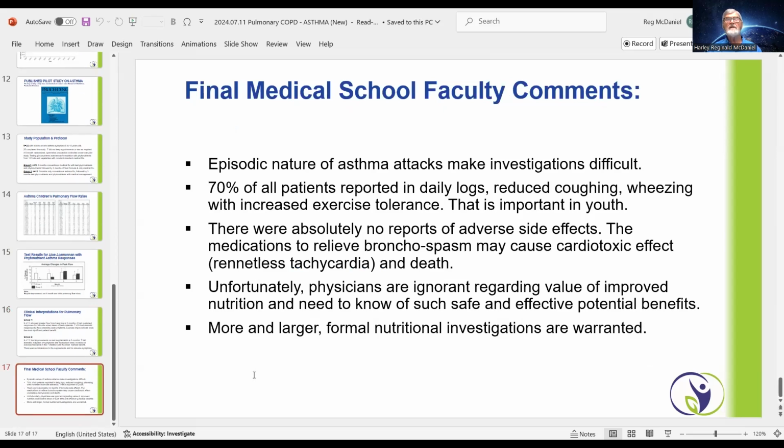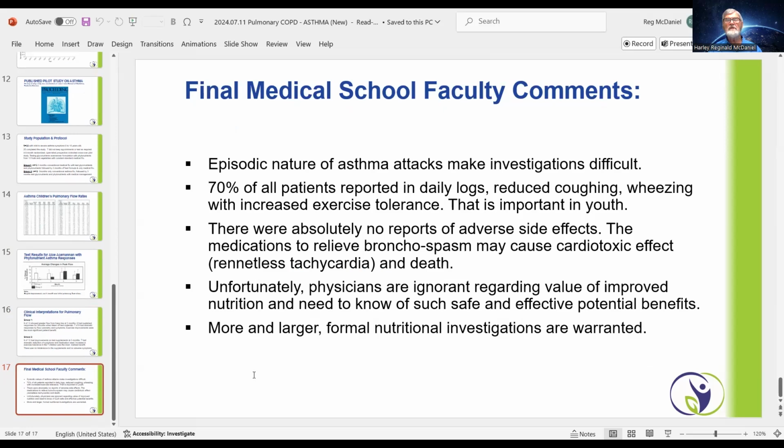Okay, the final opinion of this study at the medical school at Loma Linda was that because asthma attacks are episodic, it's difficult to really evaluate them. But 70% of the patients reported daily logs of reduced coughing, wheezing, and with increased exercise tolerance.